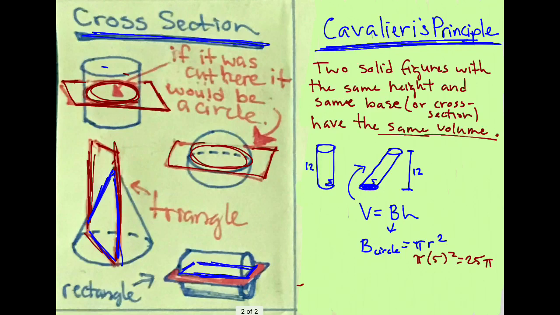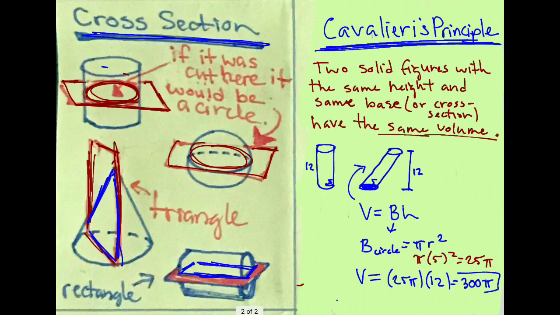Now, when you plug it into the volume formula, the volume equals our big B, which is 25 pi, times the height, which, once again, no matter which cylinder you're looking at, is 12. So either cylinder, no matter if it's slanted or not, is going to have the same volume if they have the same size base and the same height. So that's going to equal 300 pi.